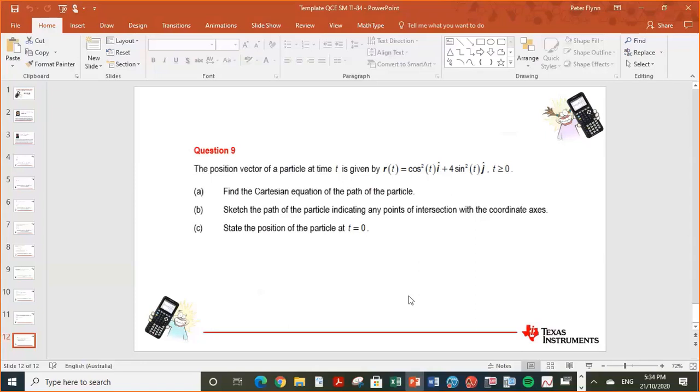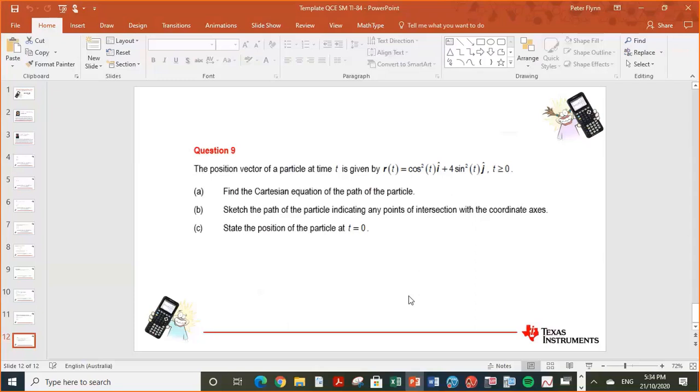Then exploiting the Pythagorean trig identity, 4 cos squared t plus 4 sine squared t equals 4. If we add those two together, we get 4x plus y equals 4. If we rearrange that, we get y equals 4 minus 4x. So we're expecting a path which is a straight line rather than curvilinear motion.